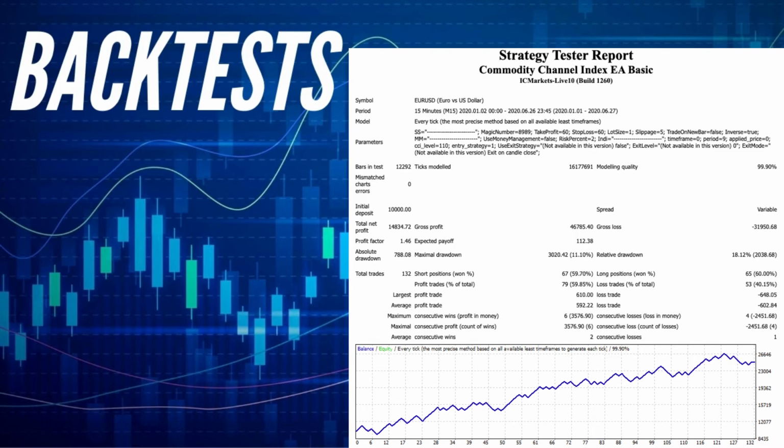So it's managed to return in 7 months 140% with an 11% drawdown. It will be interesting to see what it can do in the whole year. Maybe it will just be shy of 200% in the year, which would be fantastic if it can keep the drawdown below 11%.